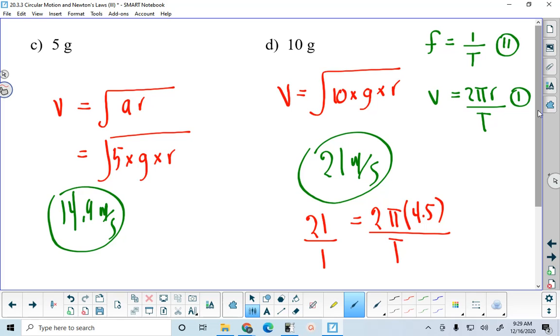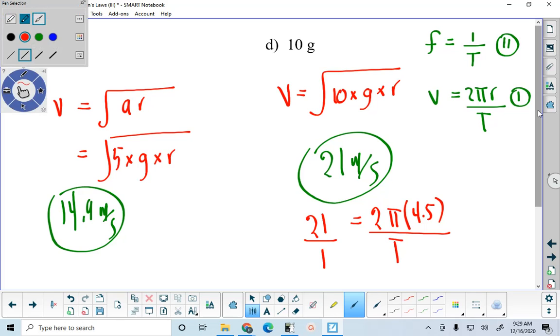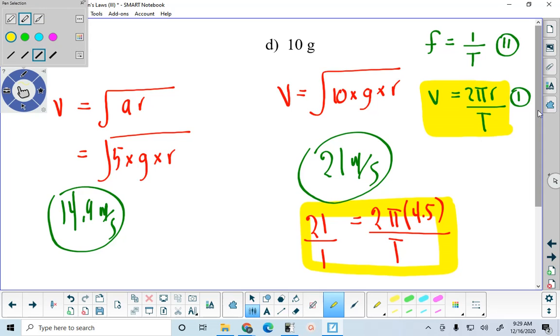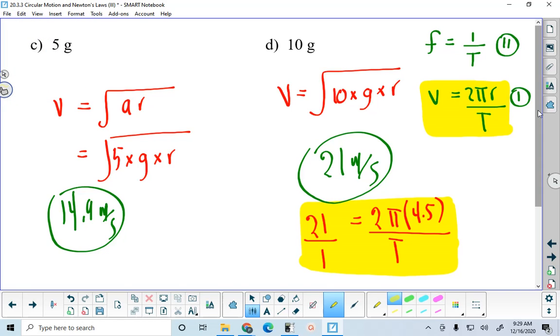So all we're doing right now is calculating the period from this formula. We're not worried about calculating the frequency just yet. We're taking our answer of 21 meters per second and putting it in for V, and that's equal to 2 pi r over T. So to calculate T, you're going to have to take 2 times pi times 4.5 and divide by 21.